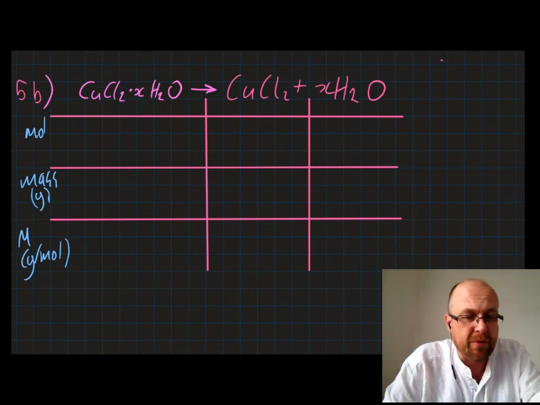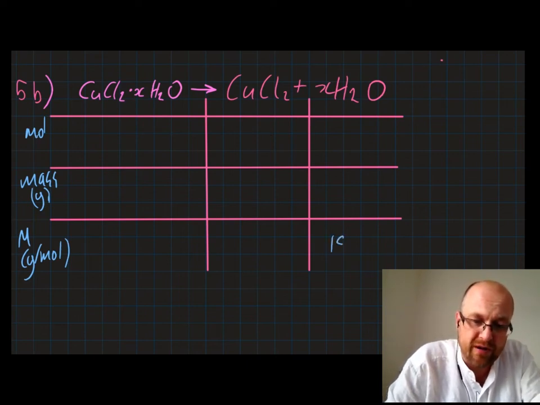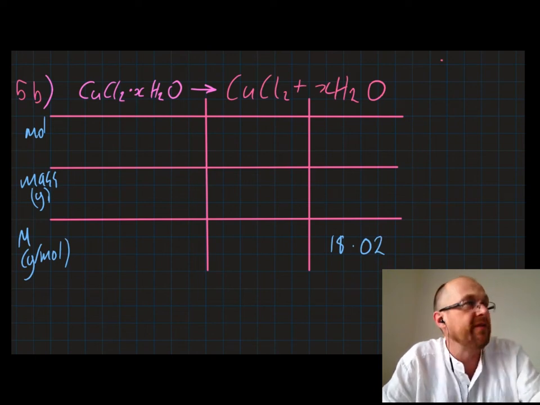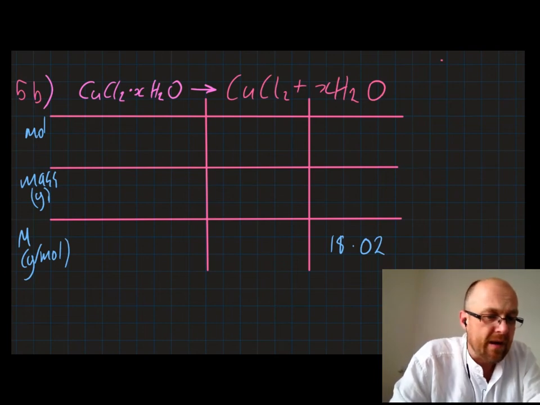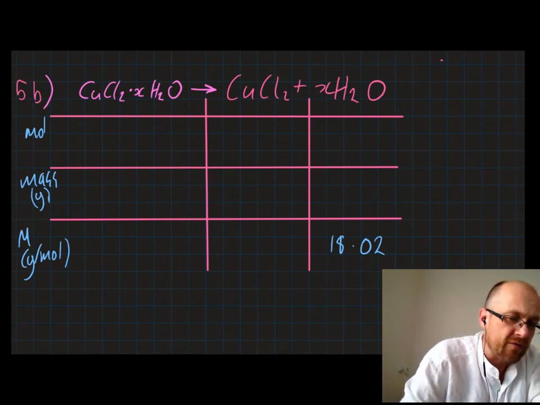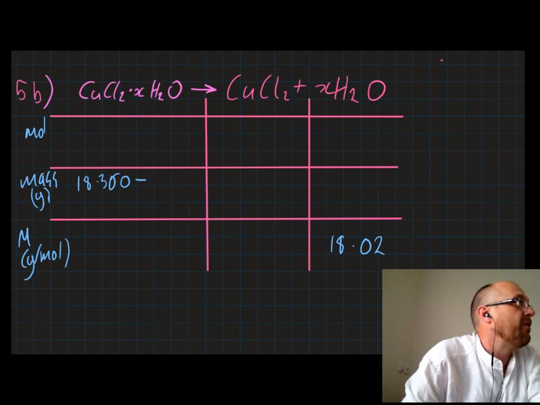All right, so I'm going to fill in some boxes. I know the molar mass of water is 18.02. They were fussy with the decimal places in this question. Sometimes they let you off. It doesn't look like they would in this one. And I know that my hydrated copper chloride, I had 18.360 grams of it. I've got to take off the mass of the crucible, though, don't I?